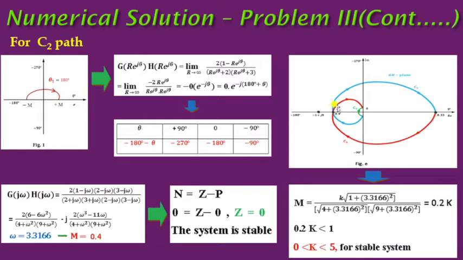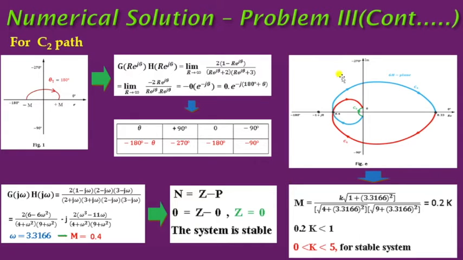Then find this crossing point, multiplying the numerator and denominator of Gj omega with complex conjugate of the denominator factors. Then we get this value. Then separate real and imaginary part. So that point means imaginary part is 0, only present real part.